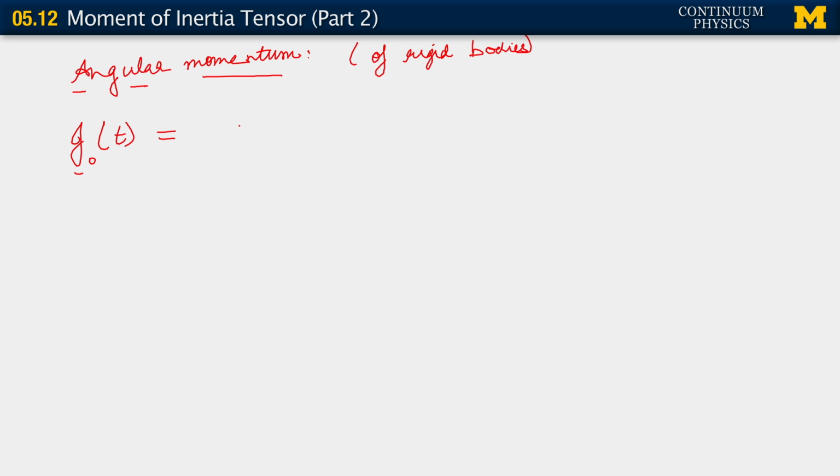The definition for angular momentum of this rigid body is the integral over omega t of rho, a function of position and time, x cross the velocity. Right? That's the general definition. And in this case, for the velocity, we have this special way of writing it out.